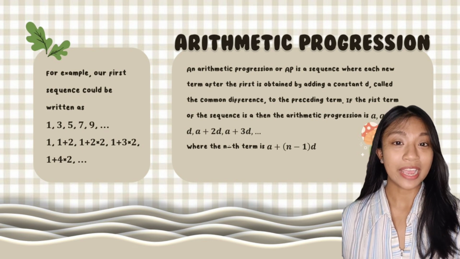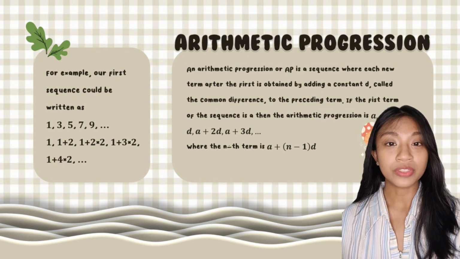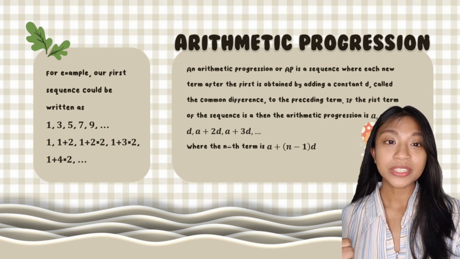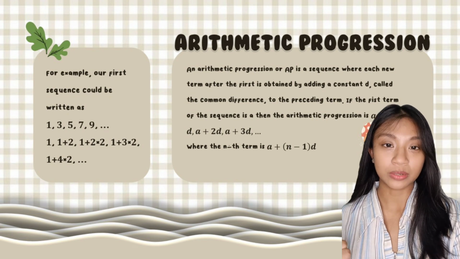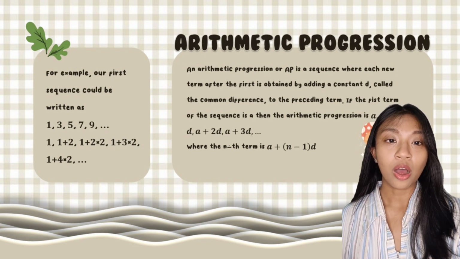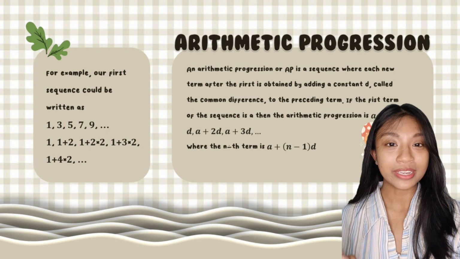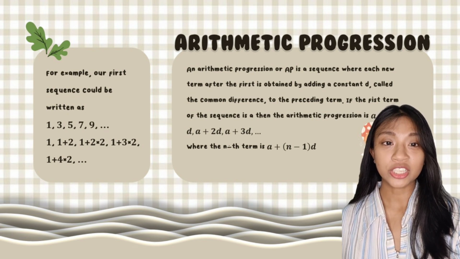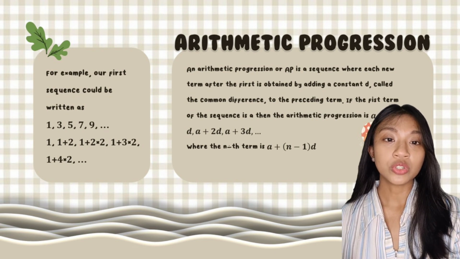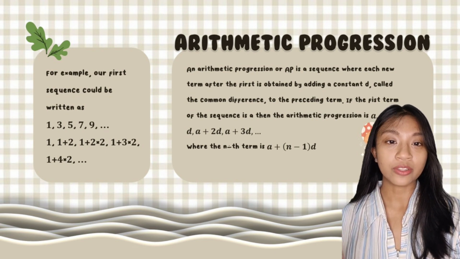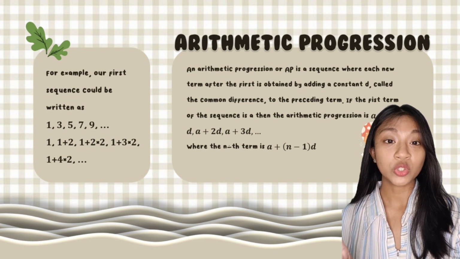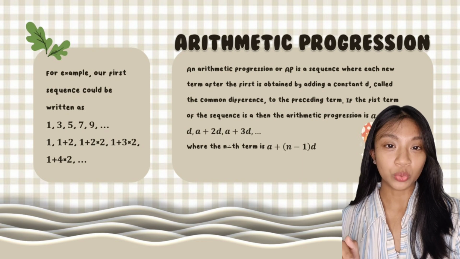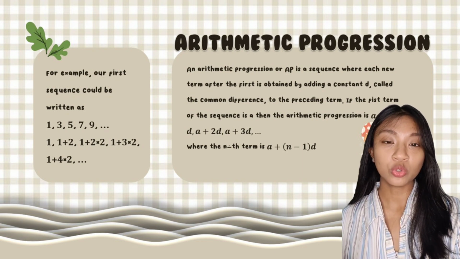We shall let a stand for the first term of the sequence and let d stand for the common difference between successive terms. For example, our first sequence could be written as 1, 3, 5, 7, 9. So you get a pattern like the following: 1, 1 + 2, 1 + 2 times 2, 1 + 3 times 2, 1 + 4 times 2, and so forth.